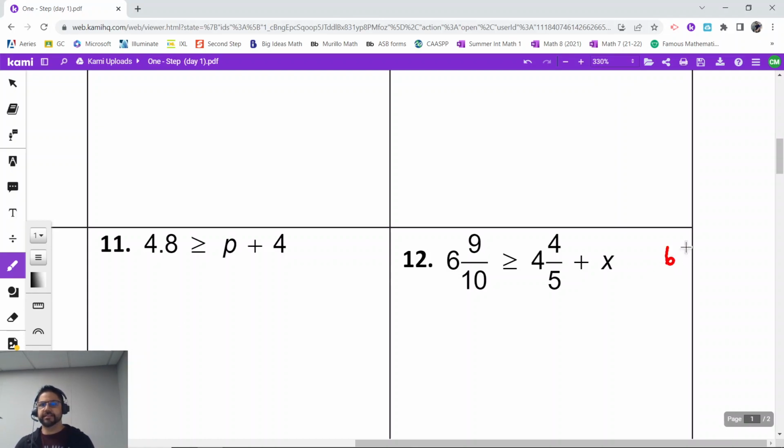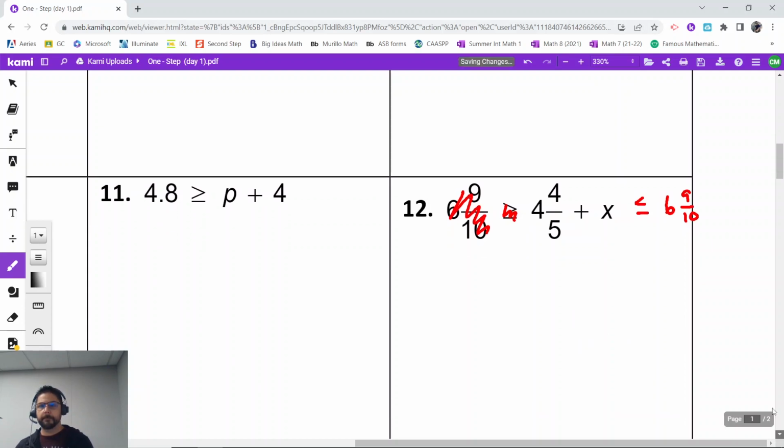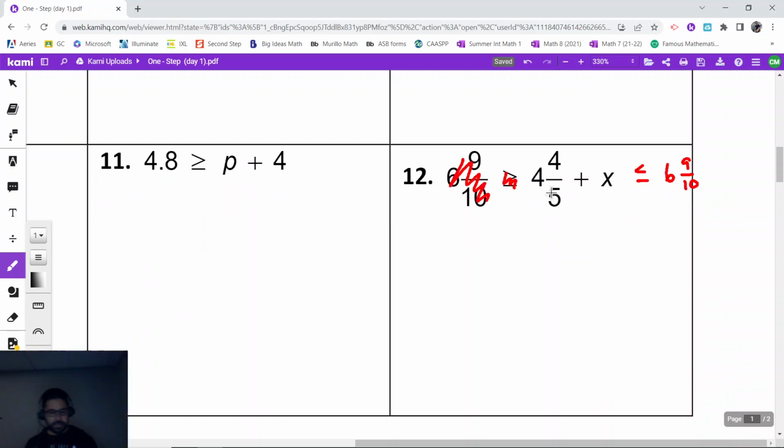So I got 6 and 9 tenths. It does like the 6 and 9 tenths. The inequality sign is open to that. And right here, if you can, let me get the lights.